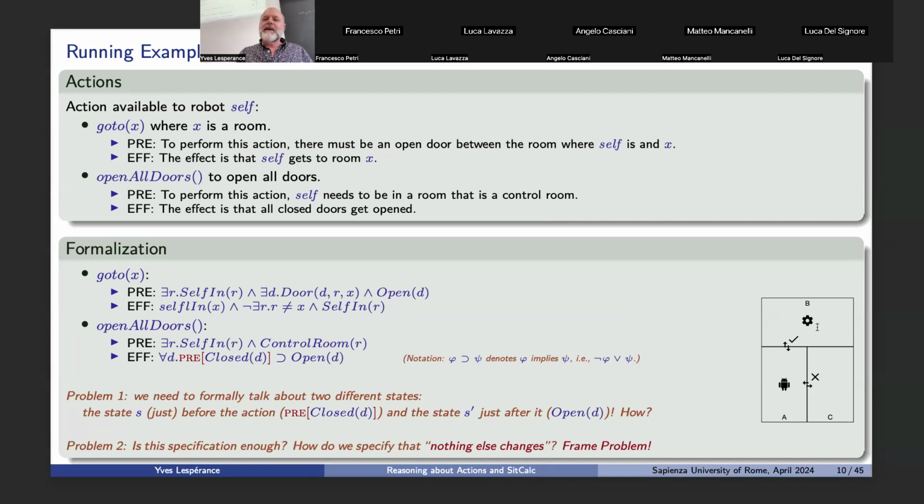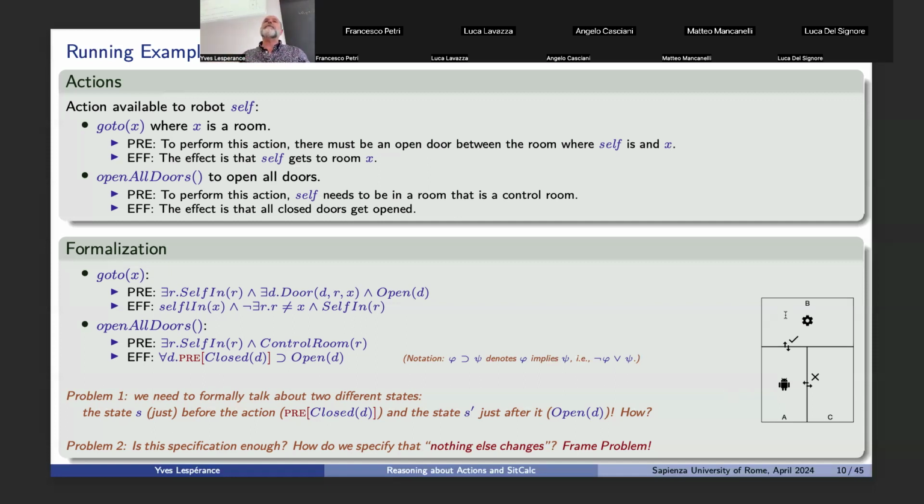Once I'm in room B, what can I do? Well, I can go back to room A because the door is open, or I can open the door. Once I've opened the door, then I can go back to A, or I can go to C, or I can go back to B, or open the doors again. So you can think of a tree that represents all the actions the agent could do starting from the initial situation.